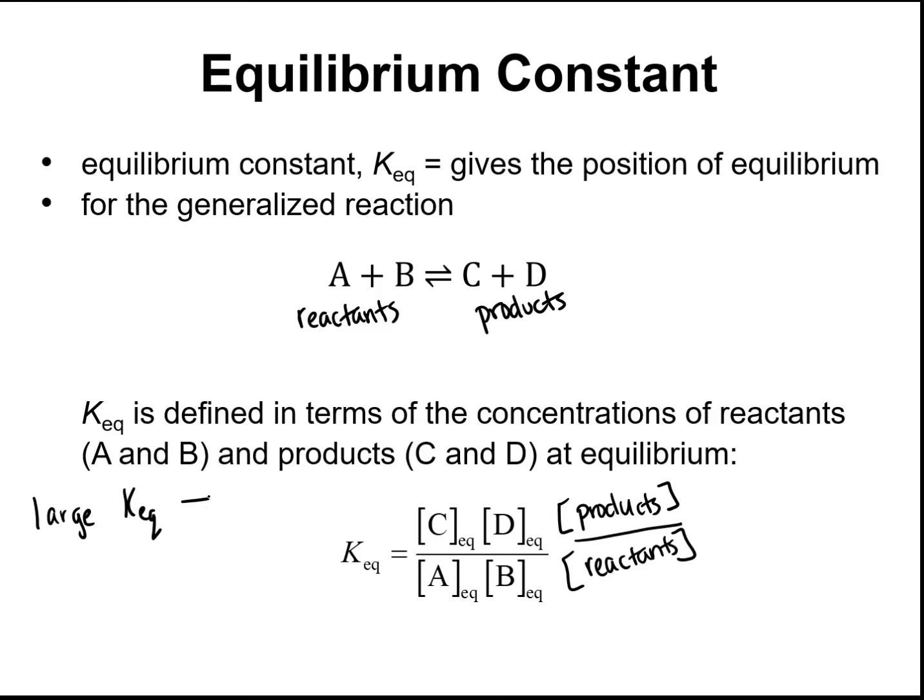Then that means that your reaction favors the products. The products are in the top, right? So if you have a really big number, then that means that the numerator must be really big, so the concentration of products is large, favors the products.